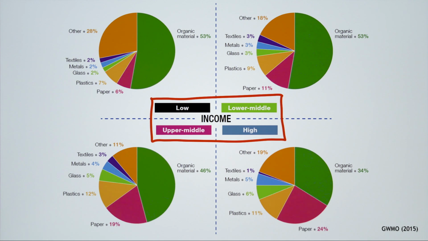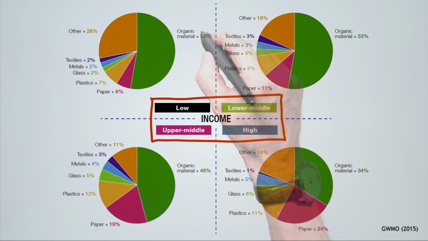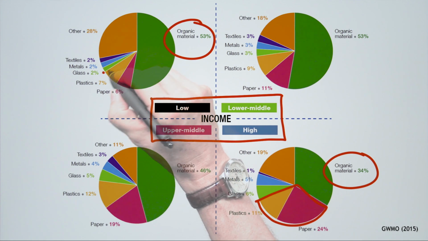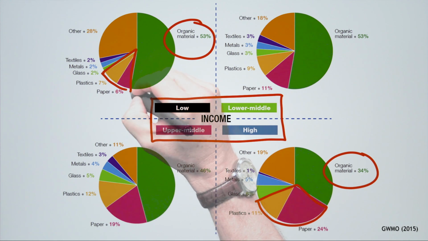What we need to highlight is that in low-income countries, the organic fraction is significantly higher than the organic fraction in high-income countries. On the other hand, packaging waste, paper and plastic, in high-income countries is much higher than it is in low-income countries.